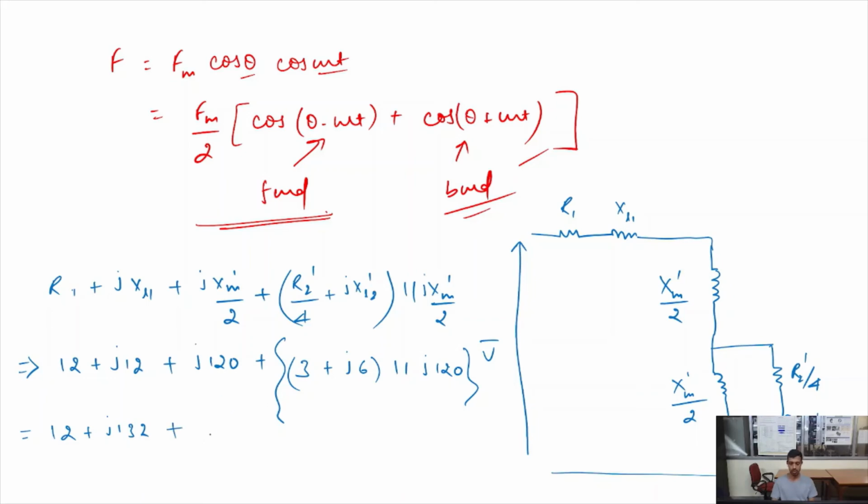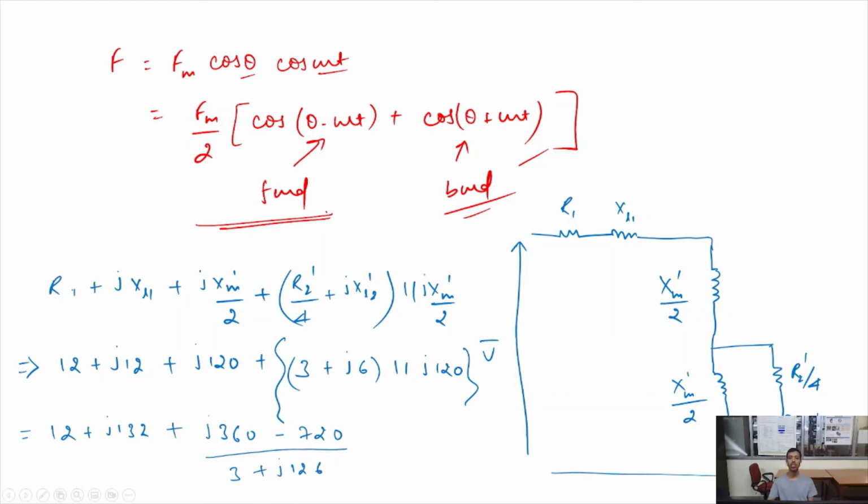Plus j360 minus 720 divided by 3 plus j126.